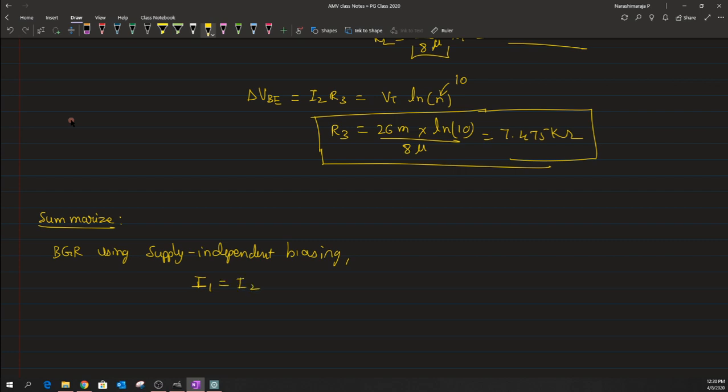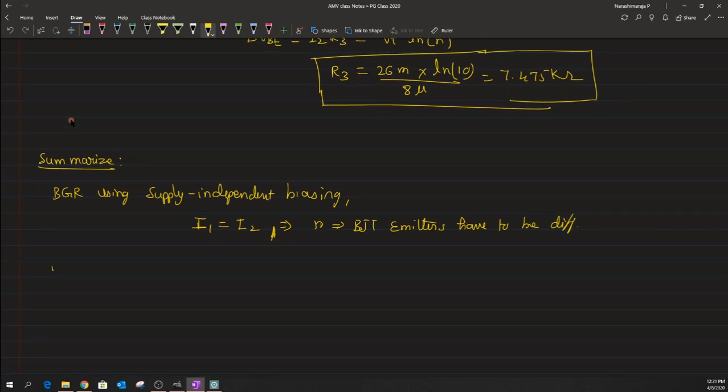Due to which the factor n can be realized only through the emitter areas. The BJTs' emitter areas have to be different in that case.